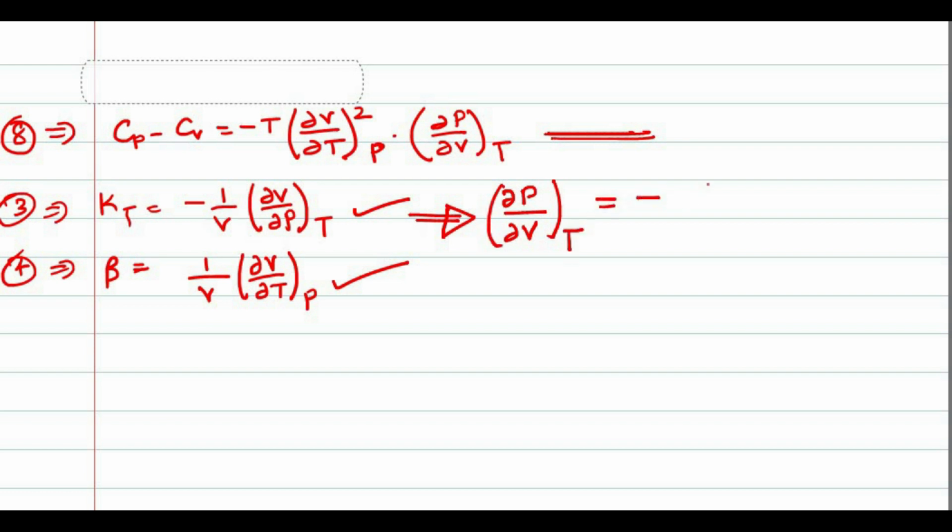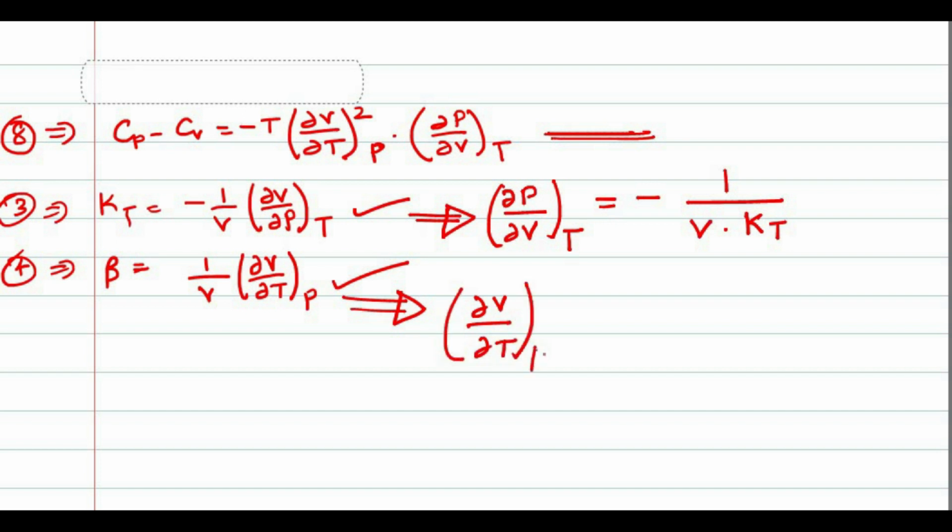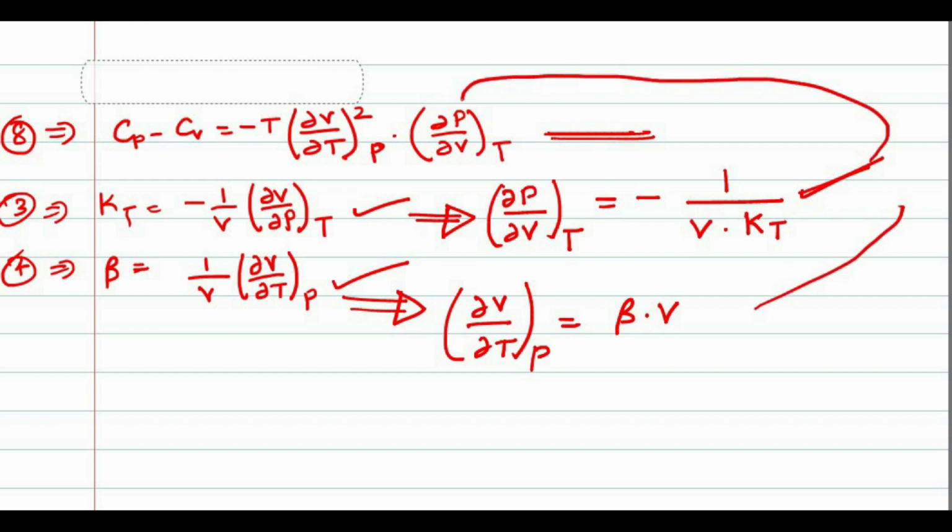So this will become minus 1 by V into kT, and from this equation dou V by dou T at constant pressure is equal to beta into V. Now I have to substitute this value and this value.